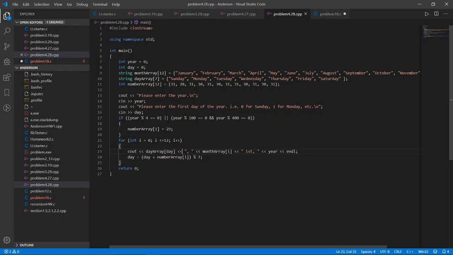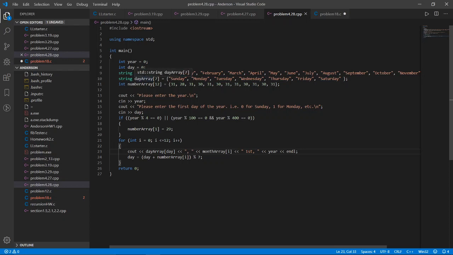So we need our year, which is user input, and the first day of the year, which is user input. And the problem asks us to output the first day of each month in said year. So I included an array for all of our months, January through December.